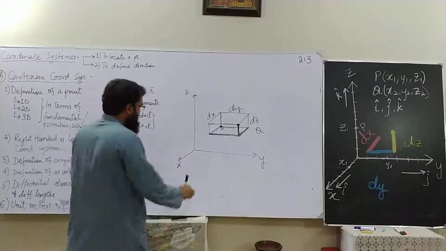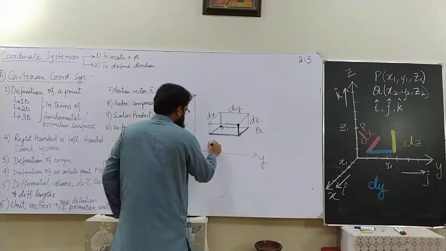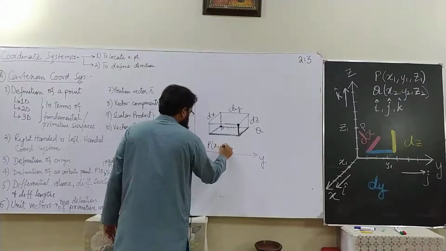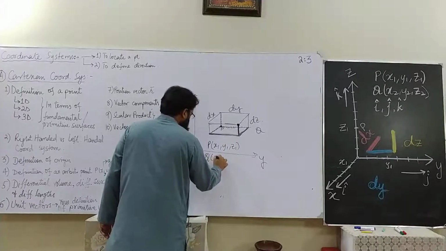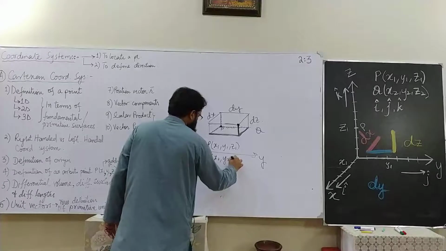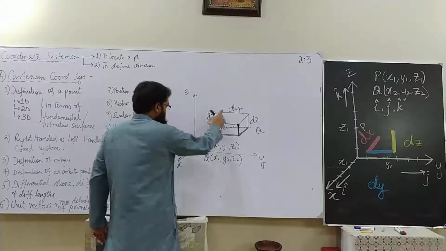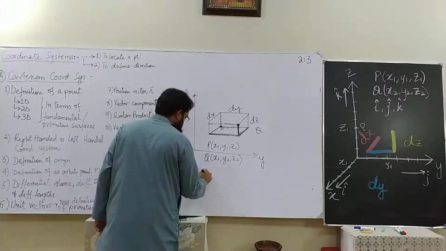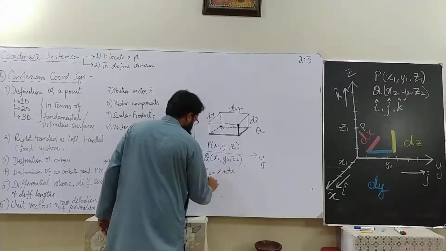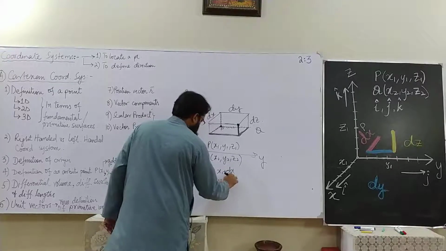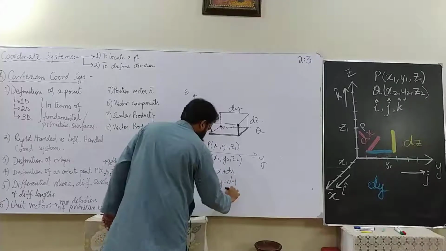So we said that P had the coordinates over there. Let me just write it down: x1, y1, z1, and Q had the coordinates x2, y2 and z2. By knowing the width, height and depth, we can see that x2 is nothing but x1 plus dx, y2 is nothing but y1 plus dy, and z2 is nothing but z1 plus dz.